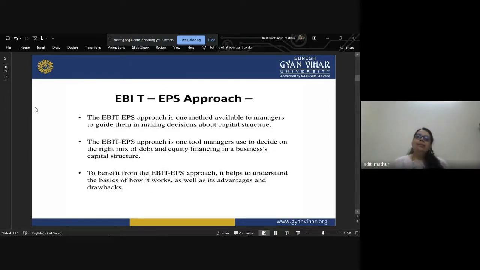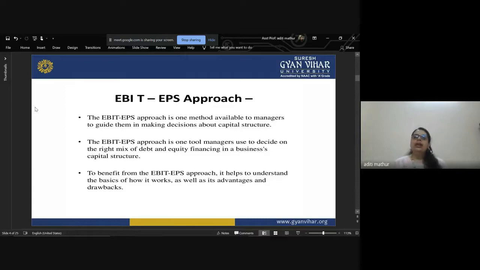The EBIT EPS approach is one of the methods available to managers to guide them in making decisions about the capital structure. It is one of the very good tools which managers use to decide on the right mix of debt and equity to finance the business.